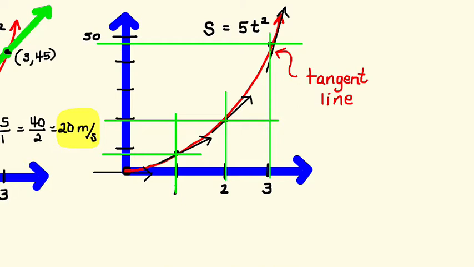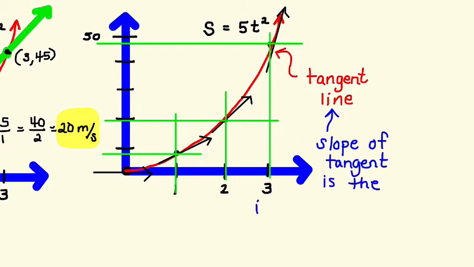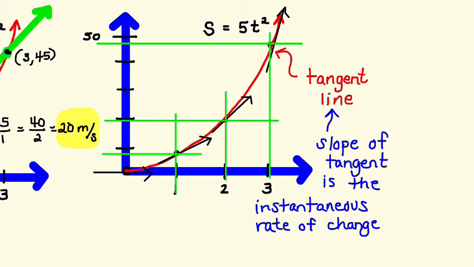I'm going to write that the slope of the tangent, in this case for distance versus time, is the instantaneous rate of change, or velocity. I'll say rate of change, but remember, velocity is rate of change with direction, and we're going in one direction, so we can say velocity.